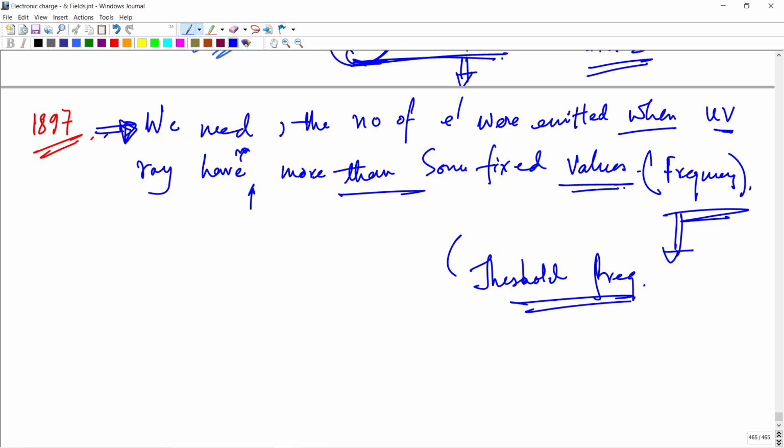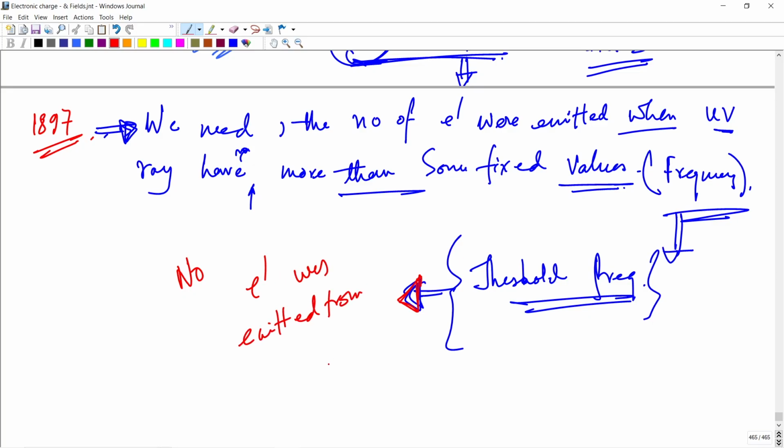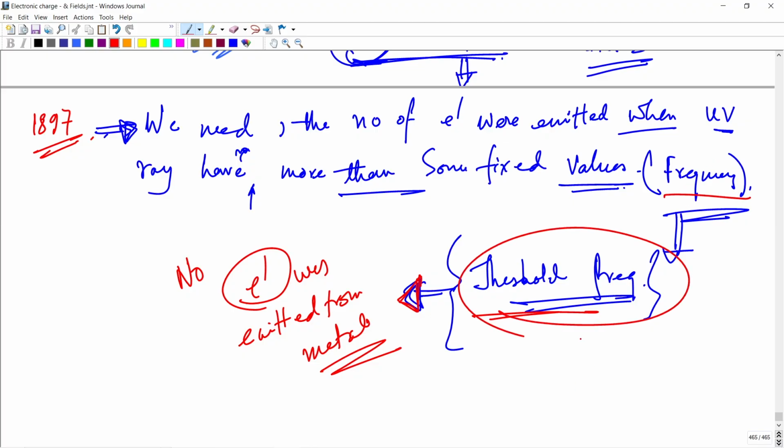If the frequency of the UV ray falling on the emitter plate is lesser than the threshold frequency, no electron is emitted from the metal. If we need electrons to escape from the metal surface, the frequency of the UV light must be greater than the threshold frequency.